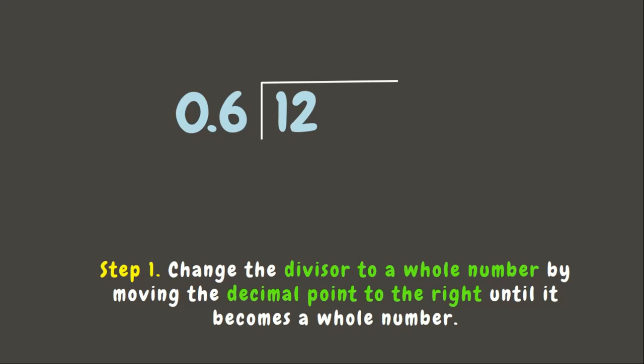We need to remember the number of times we move the decimal point to the right. So let us count. 1. There. At this point, 0.6 becomes 06. We can already remove 0 to make it 6. There.